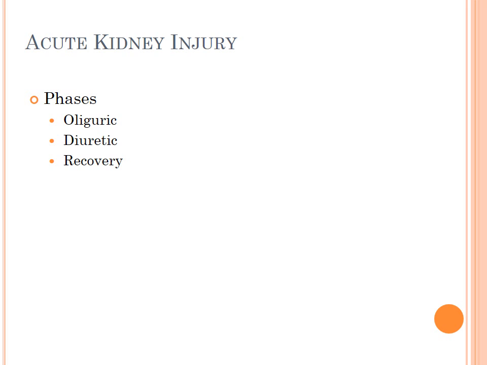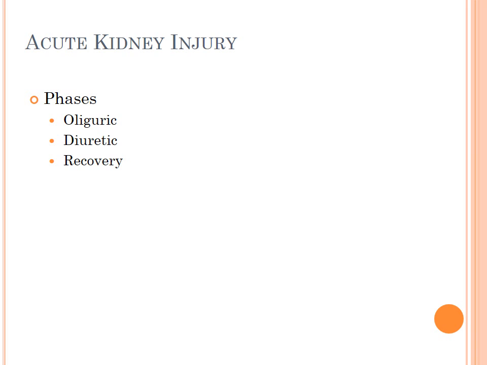And it can last for a couple of weeks up to several months. The longer they're in this phase, the worse the outcome. So in this phase, you have retention of fluid, electrolytes are imbalanced, and you can have some acid-base imbalances.